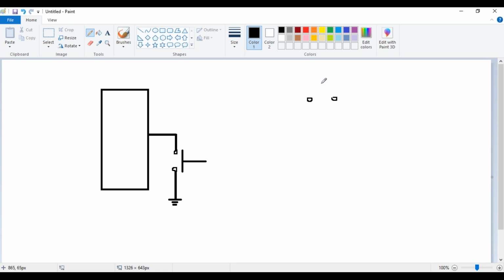So this is how we represent a switch digitally, and this switch is said to be open, because there is no connection being made. Now, if the two notches are connected by the switch like this, then we call it as switch being closed.